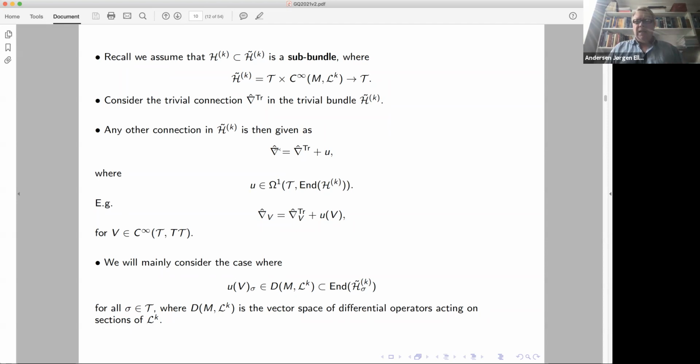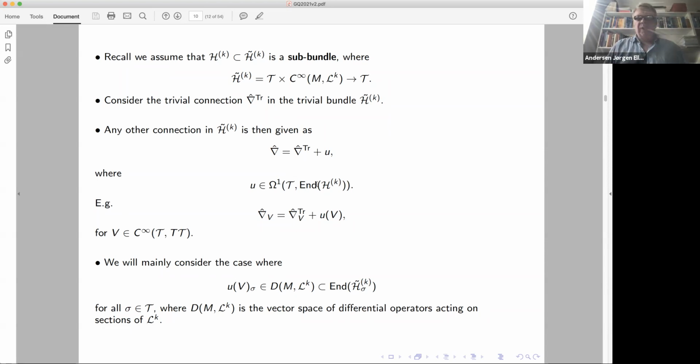In fact, any connection in this trivial bundle will be of the form the trivial connection plus such a one-form. So I'm seeking, of course, such a U in such a way that it preserves the subbundle, because then parallel transport in that subbundle will give me the identifications I'm looking for.